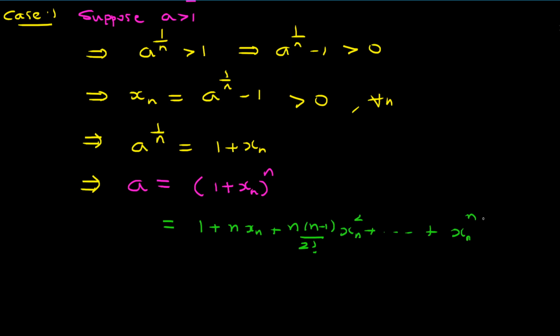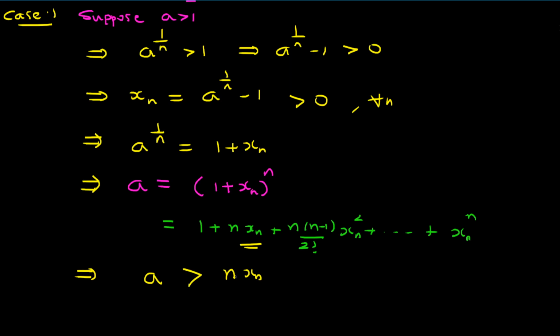Remember that we cannot now do the same thing as in the previous example. What we can do next? This A is the sum of all these terms. All these terms are positive. So I can say that this number A, which is sum of all these terms, is in particular greater than n into xn. I want only this term, n into xn. There it was n minus 1, so I had chosen the third term.